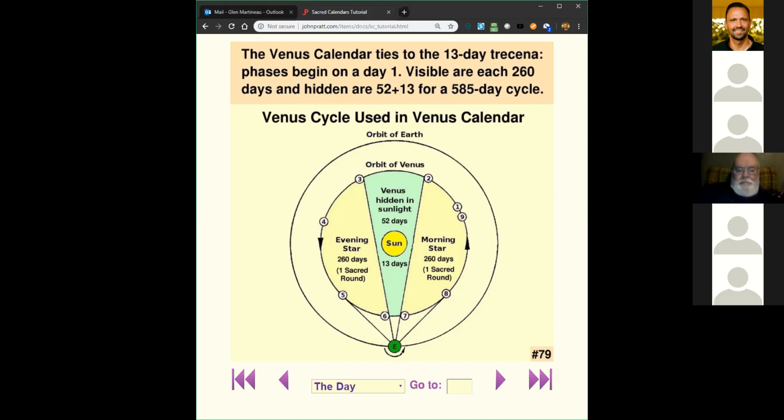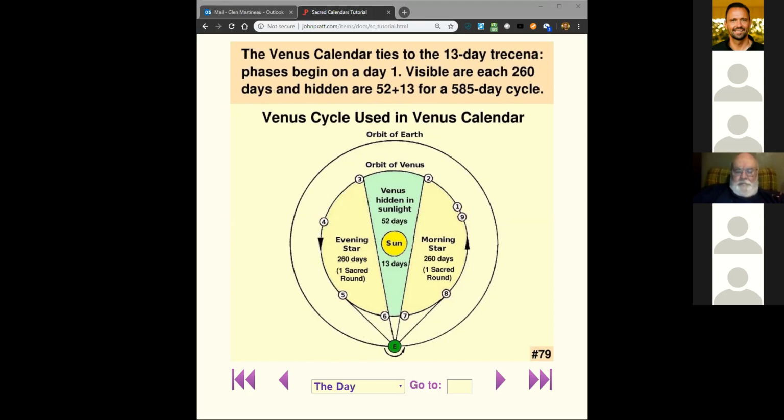In fact, that's exactly a sacred round. We talked about that earlier. The sacred round is 20 times 13 days. So Venus is a morning star for one sacred round and an evening star. And again, the variation is enough that these numbers can almost be considered exact, because it actually varies quite a bit. And then it's hidden in the sunlight for 52 days.